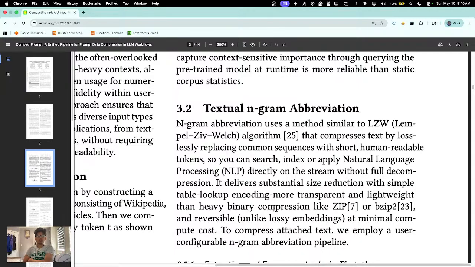It delivers substantial size reduction with simple table lookup encoding, more transparent and lightweight than heavy binary compression like ZIP or BZIP2, reversible unlike lossy embeddings, and with minimal compute costs. To compress attached text, we employ a user-configurable n-gram abbreviation pipeline. Okay, so there was a lot that was said there. Essentially this is giving context as to what the textual n-gram abbreviation strategy will do.